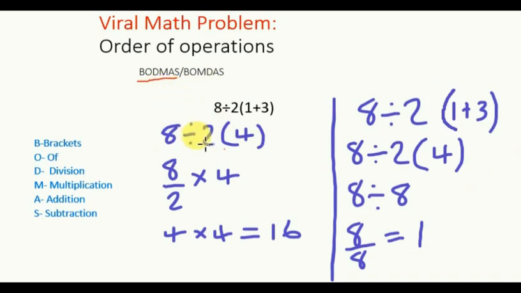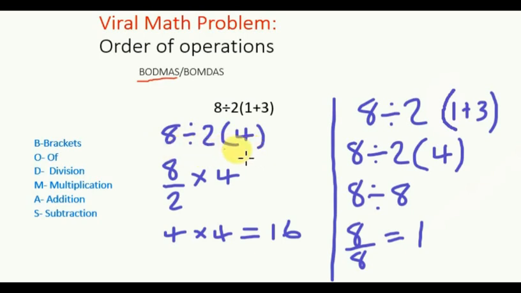So it's like you have a tie. Any one of the operations can be done before the other. The multiplication can be done before the division, and the division can be done before the multiplication. So in this case, you should work from left to right. You get it?